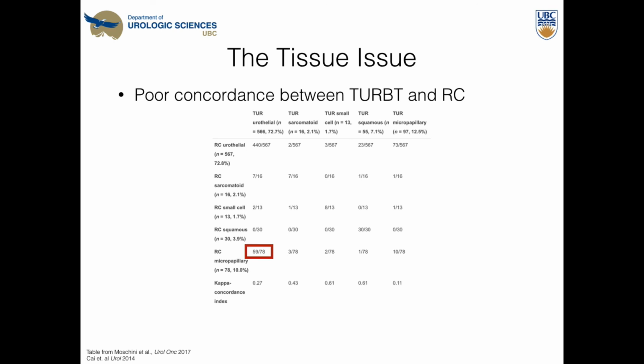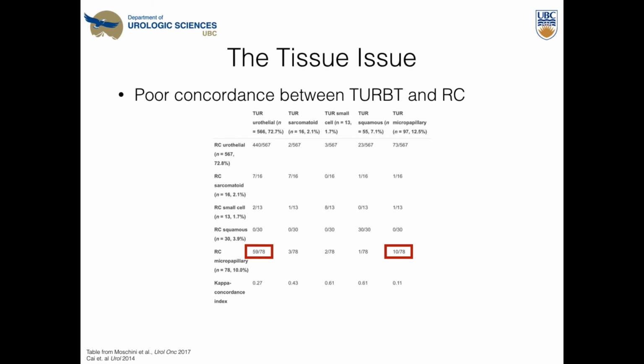So you can see here in the first box of 78 micropapillary tumors on cystectomy, 59 were diagnosed on TURBT as urothelial disease. And of the 78 micropapillary tumors, only 10 were actually called micropapillary. And this is, I think, indicative of the data in general.